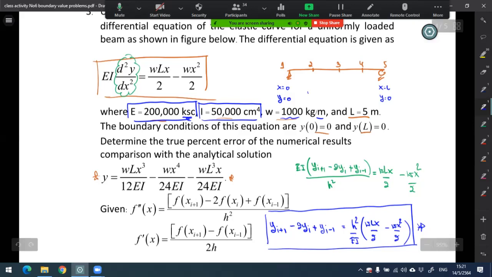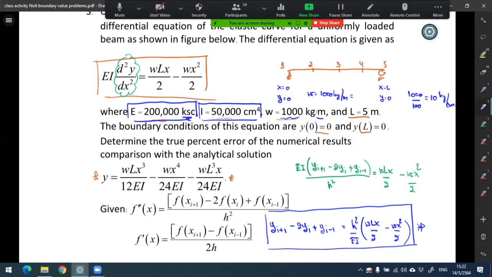W is equal to 1000 kilogram per meter, right? So if we convert it to kilogram per centimeter, we just divide by 100, so it becomes 10 kilogram per centimeter, right?